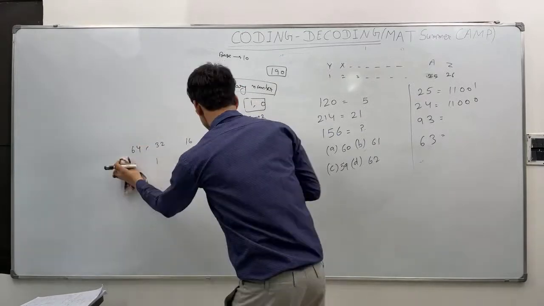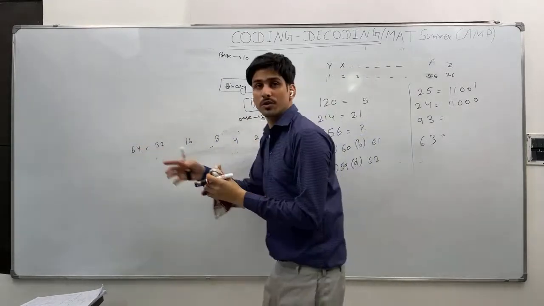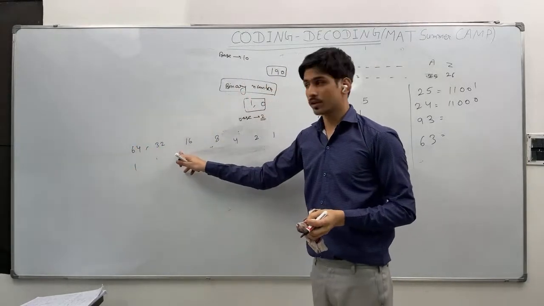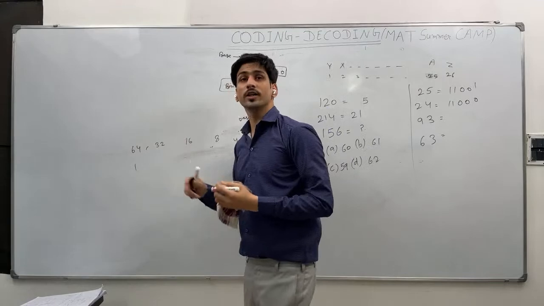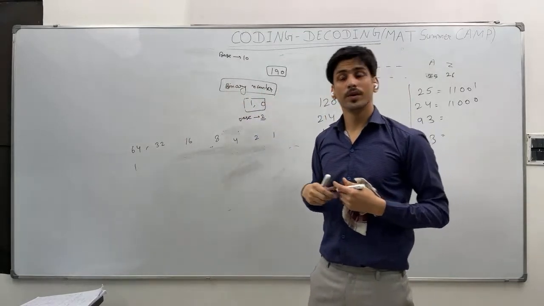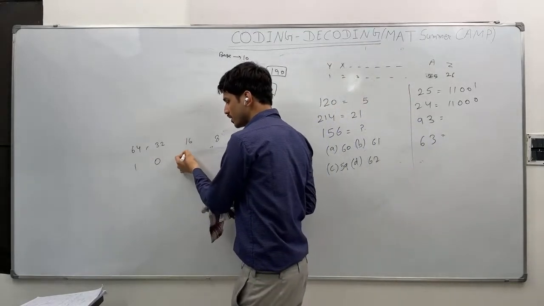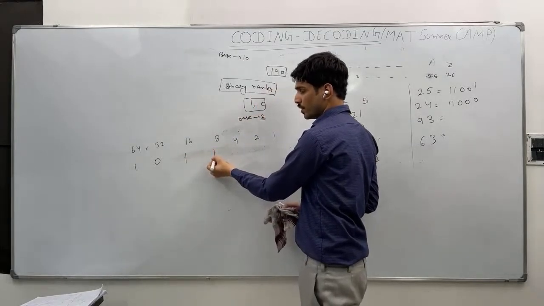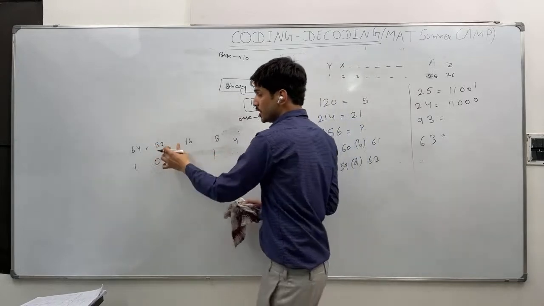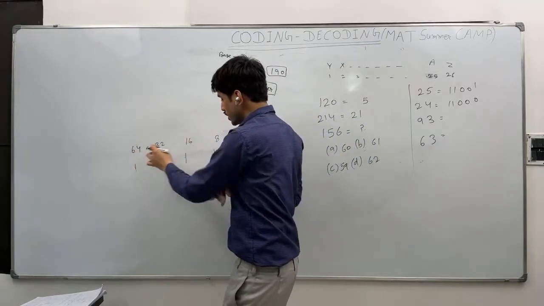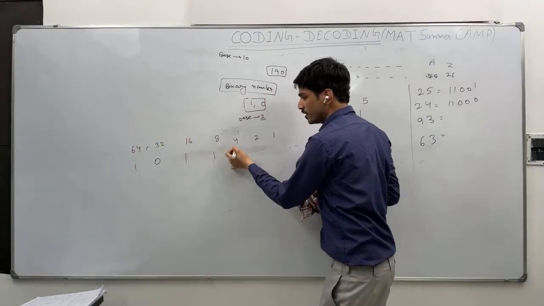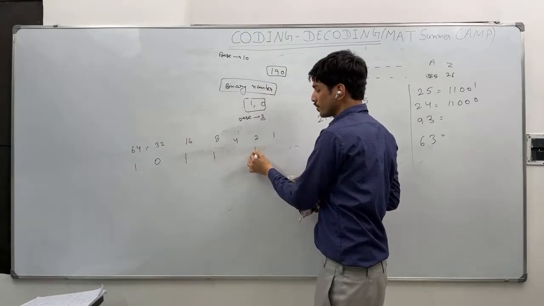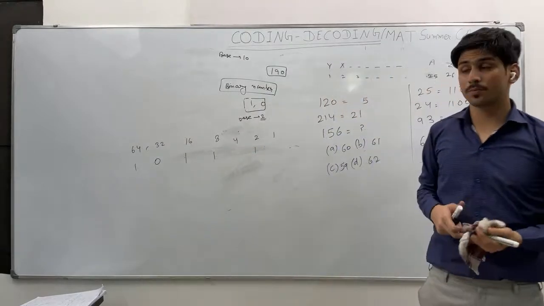That we cannot use. So our calculation has to start from this one. We'll take 64. After that, we'll take this one, 16. Why are you not taking 32? 96. So this will be 0. Then 93, how will you represent?